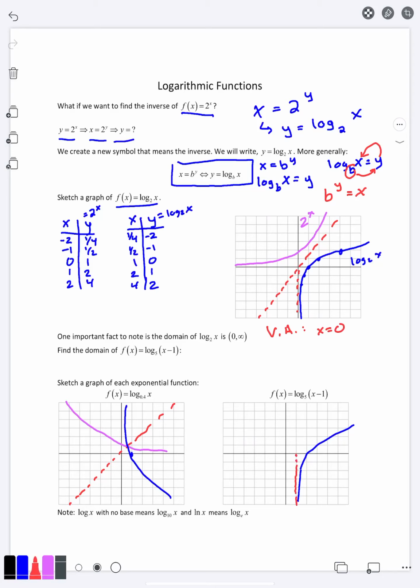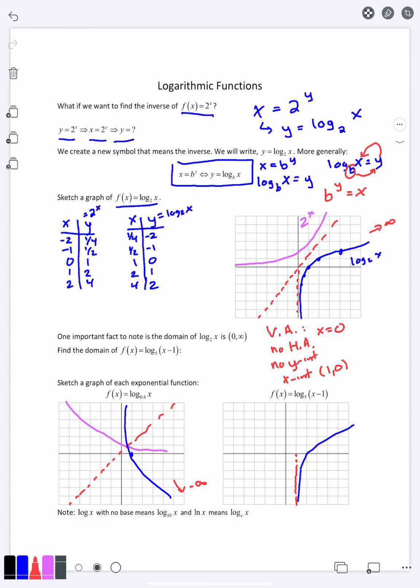It's now going to have a vertical asymptote at x equals 1 here. There's going to be no horizontal asymptote. It is going to go off to infinity or negative infinity, depending on your base. There will be no y-intercept. There will be an x-intercept. The default is going to be at (1, 0) here. Again, if you shift it, it will change.